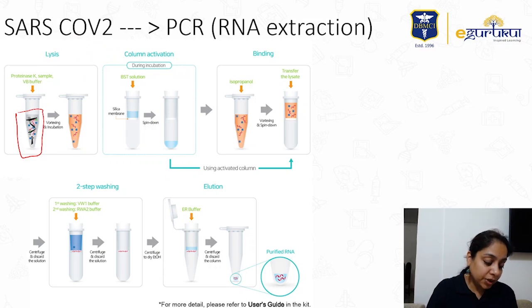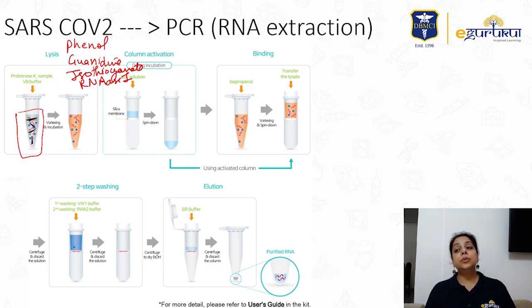This has the phenol, guanidine, isothiocyanate, and RNase inhibitor. Why RNase inhibitor? Because we don't want our sample RNA to get degraded by the RNase enzyme if it comes in there. So inhibitor is added.